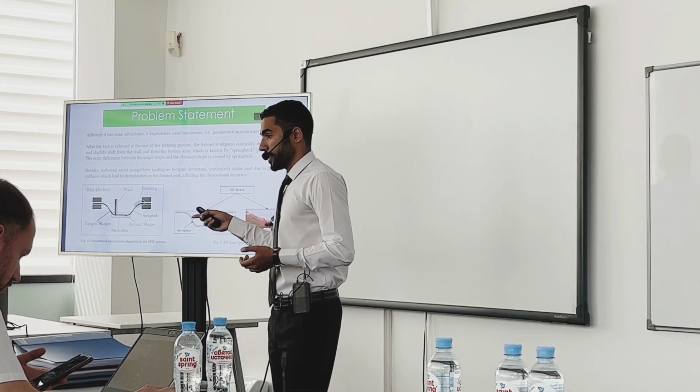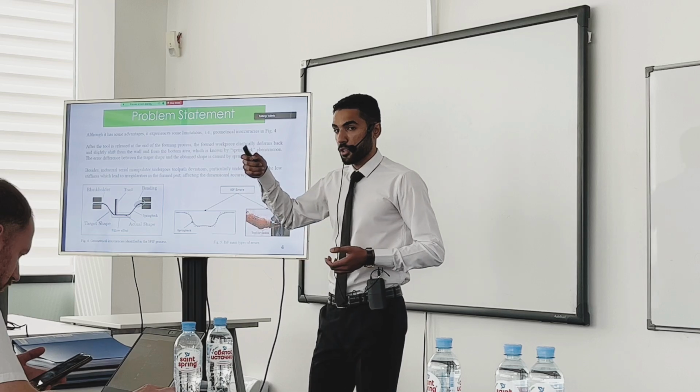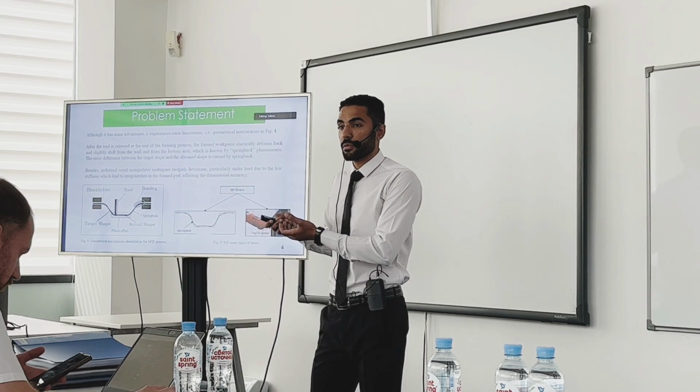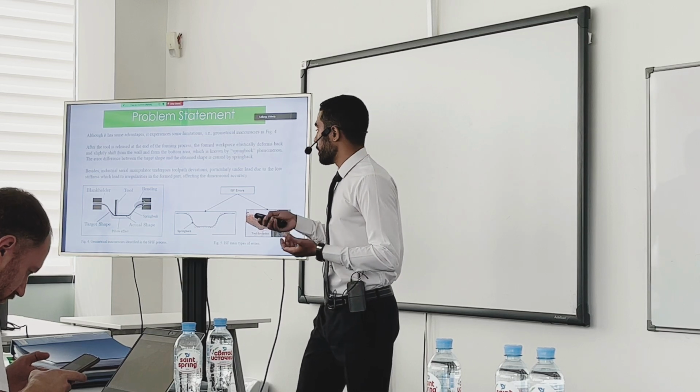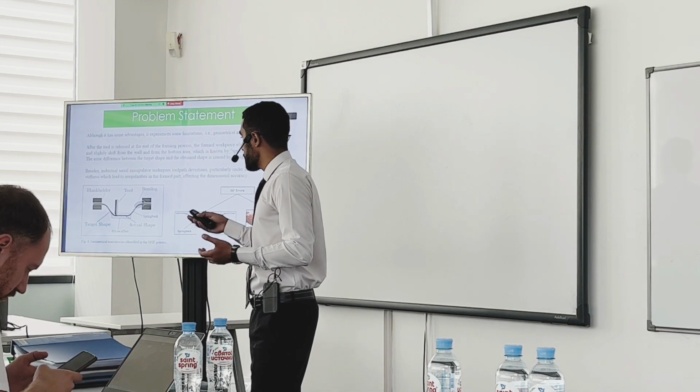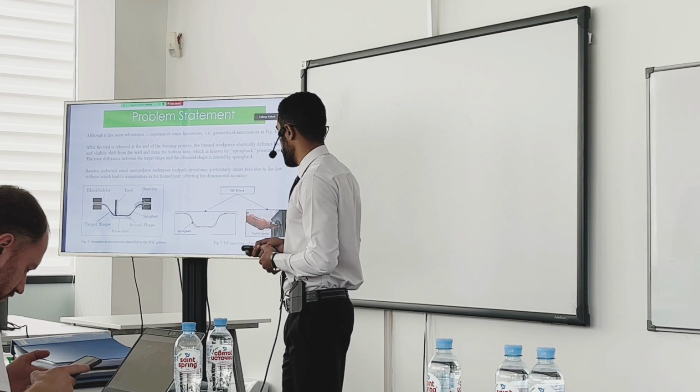With the spring back effect, after you remove the deformation tool, the sheet tries to elastically deform back out from the desired shape, which makes an error between the desired shape and the obtained shape.